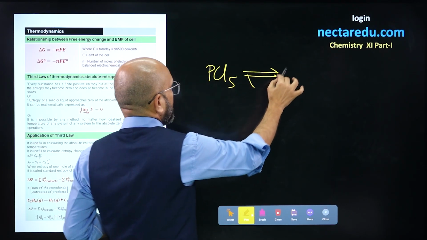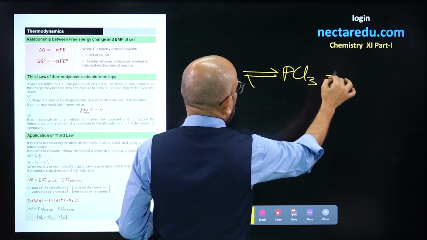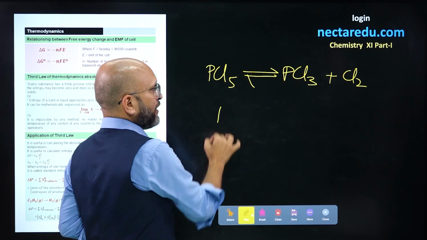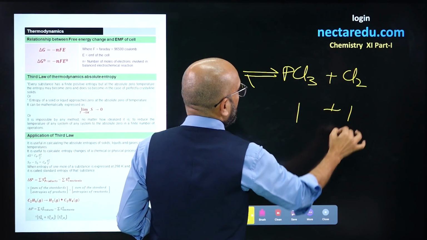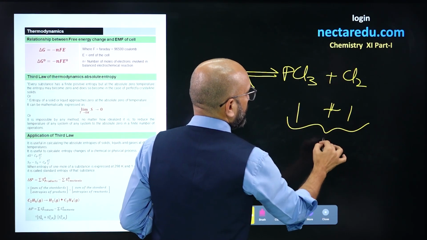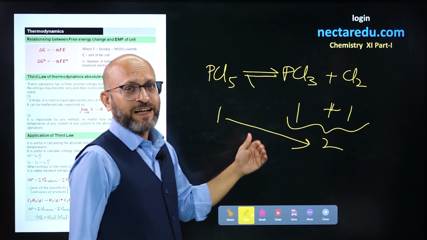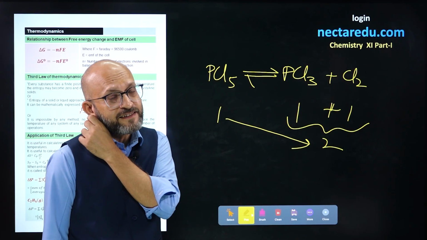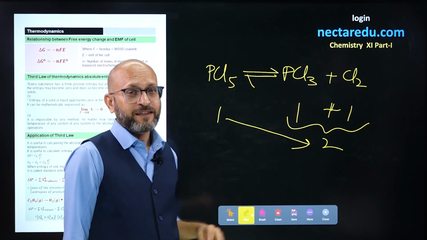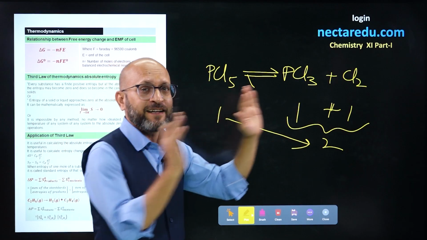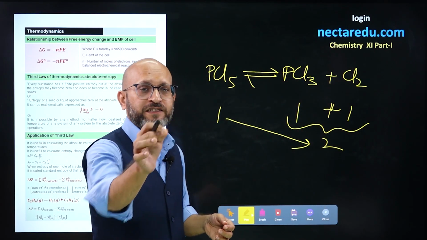Similarly, if we have this reaction, PCl5 decomposes to give you PCl3 plus Cl2. So the gaseous reactant is 1, but gaseous products are 2. So we are going from 1 to 2. The number of gaseous substances is increasing in going from reactant towards product. That means entropy is increasing in this reaction. So if product side gaseous moles are more, entropy is increasing.